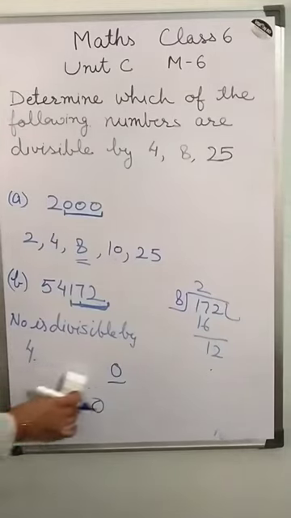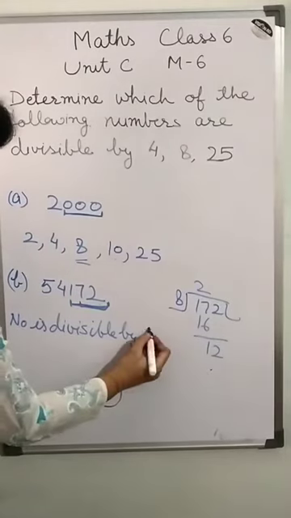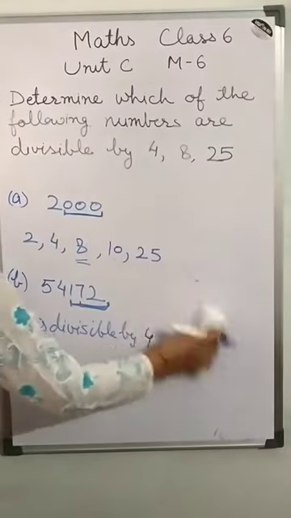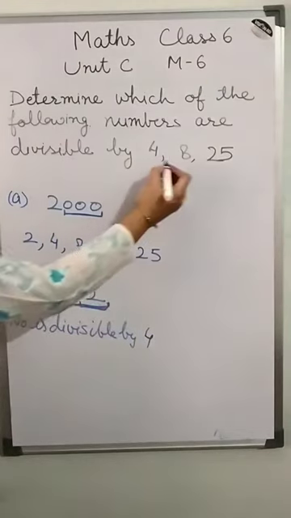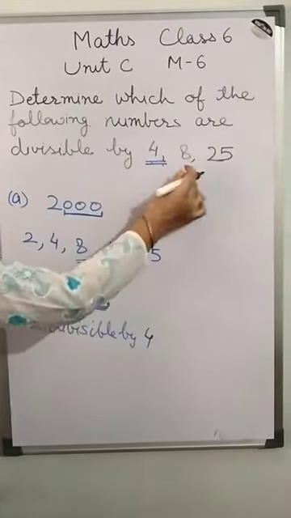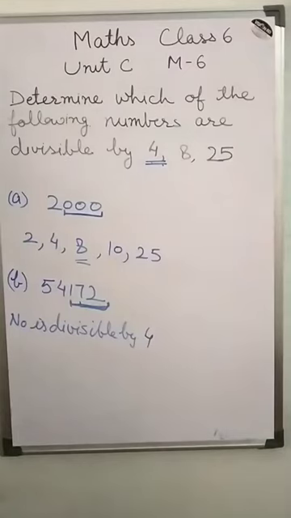So this number is divisible by 4 only, not by 8, not by 10, not by 25.